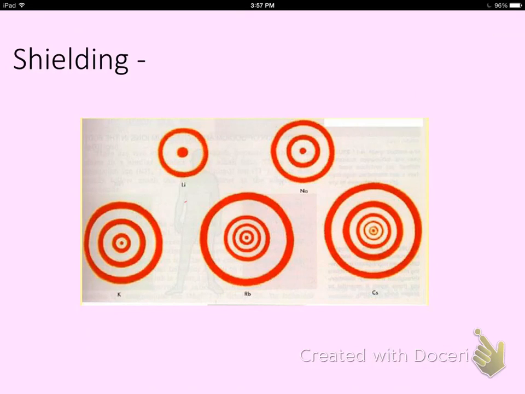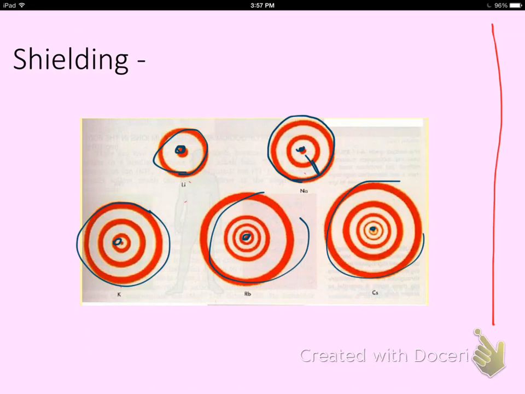This is lithium. I'm going down the first group, right, the alkali metals: lithium, sodium, potassium, rubidium, and cesium. Each time I do that, I've got the nucleus in the center where I have my positive charge, right? And as I add a shell, these new electrons I'm adding are further and further away, so the force is less strong.